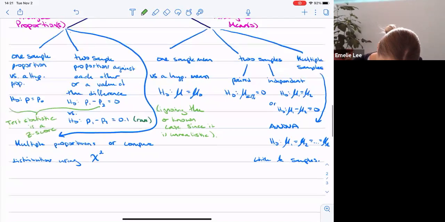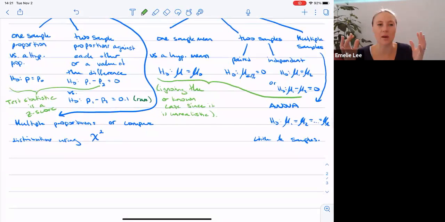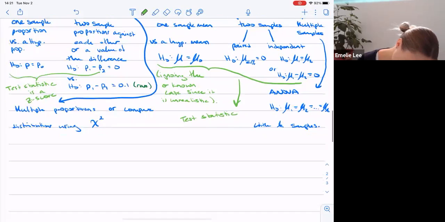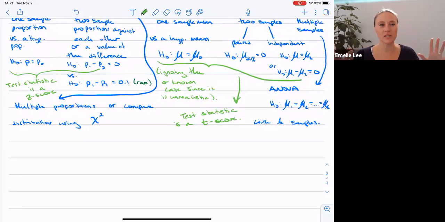And here for all these up to two sample situations, the test statistic is a t-score. Different ways of getting there, but once you have a t, you know how to use a t.